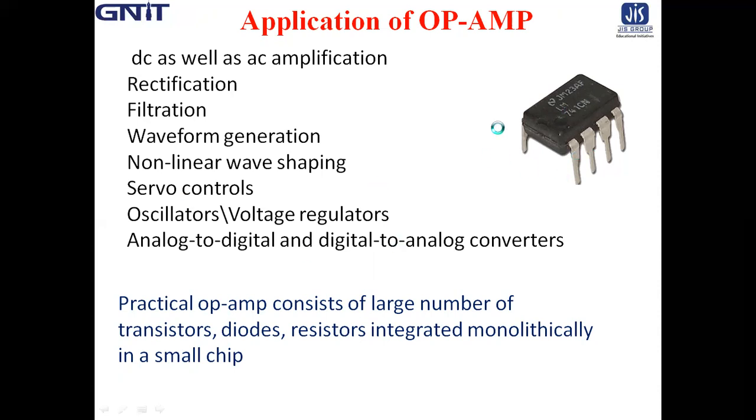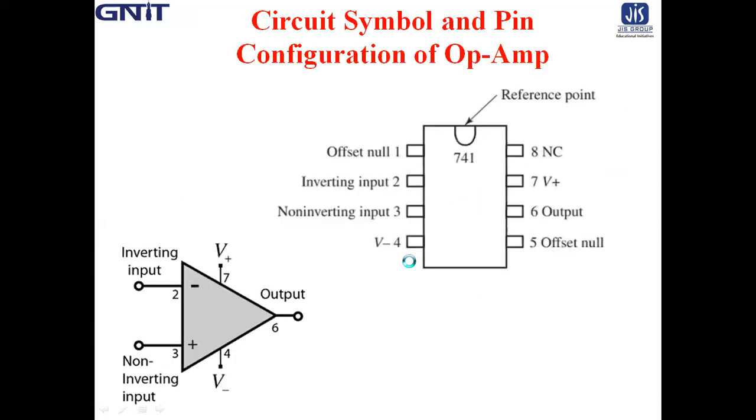This is the IC number of op-amp, IC741. This is the symbol. This figure is basically the symbol of an op-amp, and first this is called the reference point.